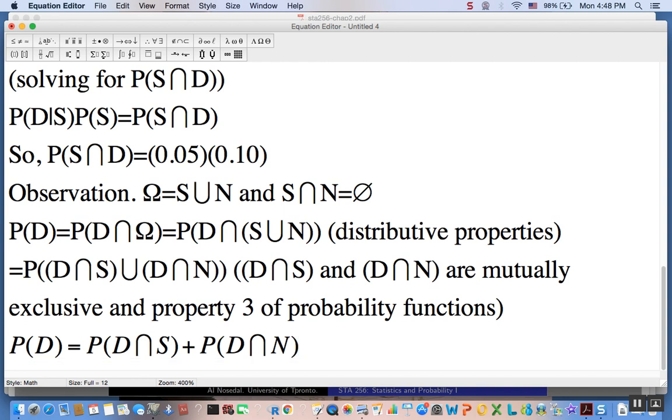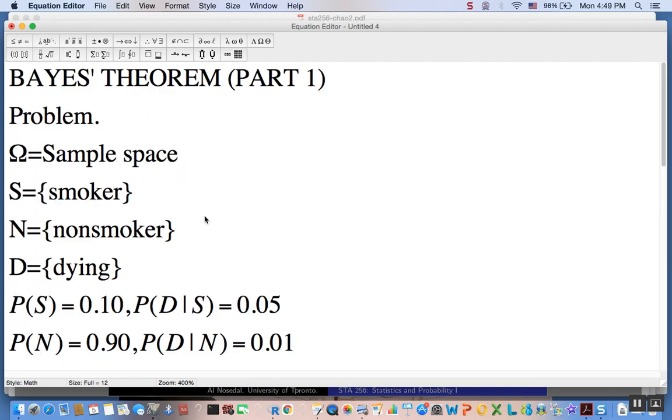Okay. We are almost there. We want the probability of these two intersections to find the probability of D. This one, guess what? We have already found it in terms of the conditional probabilities that we have.